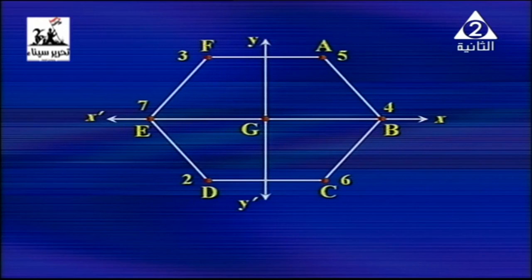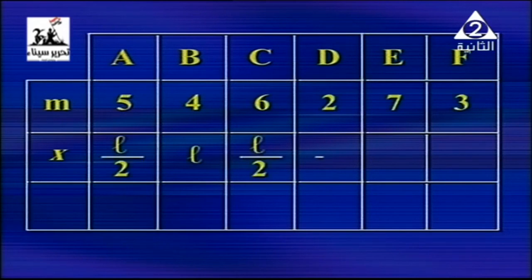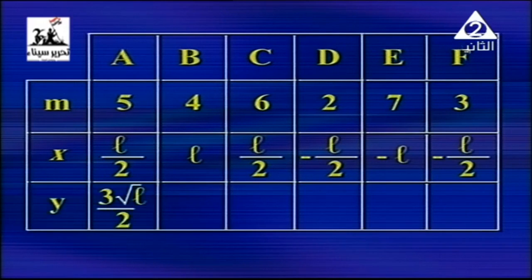Look, A, B, C, D, E, F is a regular hexagon. Then look at the table for A, B, C, D, E, and F. What are the masses? 5, 4, 6, 2, 7, 3. X coordinates: L over 2, L, L over 2, negative L over 2, negative L, negative L over 2.